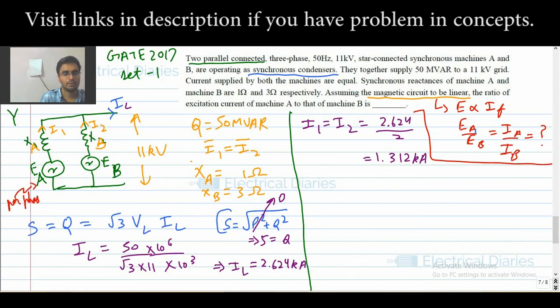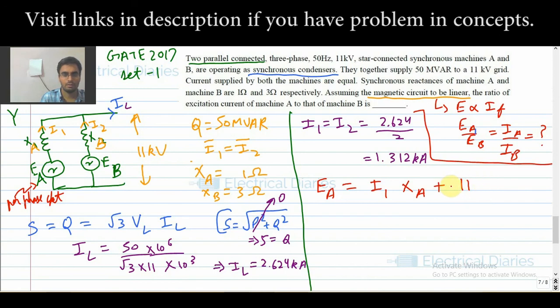Now let us apply the KVL in this fashion. For EA, EA is equal to I1 XA plus 11 kV.